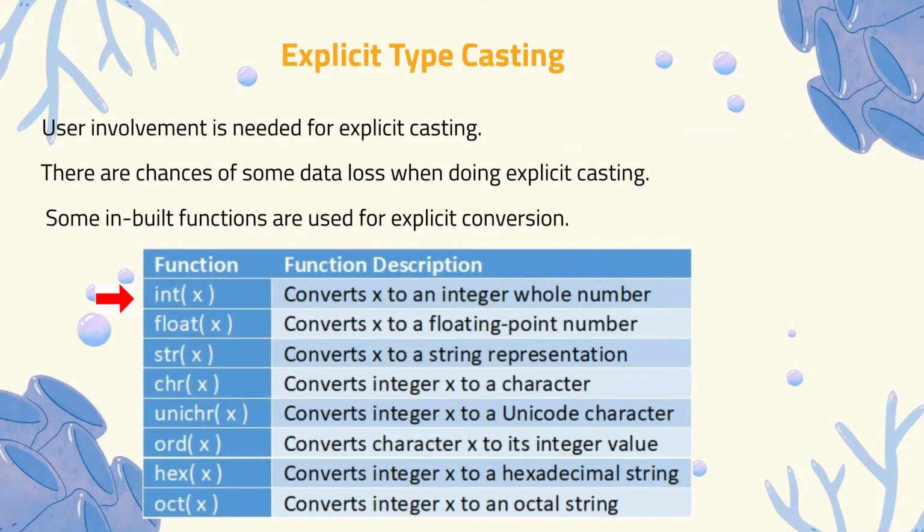int converts a value x to a whole number without any decimal value. float converts a value x to a float number with decimal value. str converts a value x to a string. chr converts a value x to a character. unicode: in Python 3, there's no difference between Unicode and normal strings anymore, so we cannot use unicode as it will give an error, as unicode is not defined.